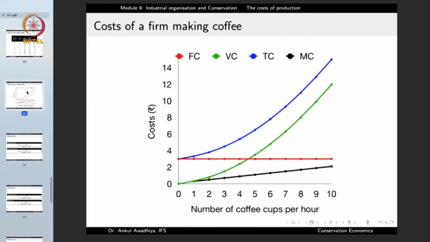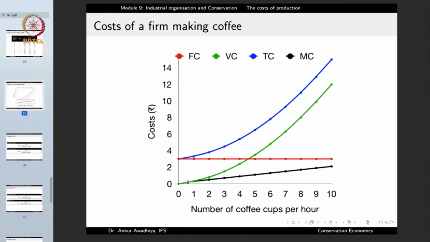And so if we plot these costs, we will find that the fixed cost remains the same, say 3 rupees, whether the firm is making 0 cups of coffee or it is making 10 cups of coffee. So the fixed cost remains the same. It is a flat line. The variable cost, shown in green, increases with the number of cups, because with more cups you require more sugar, more water, more milk, more coffee.